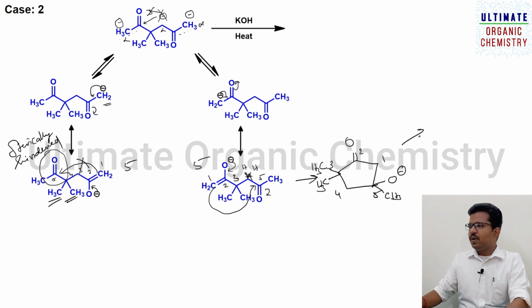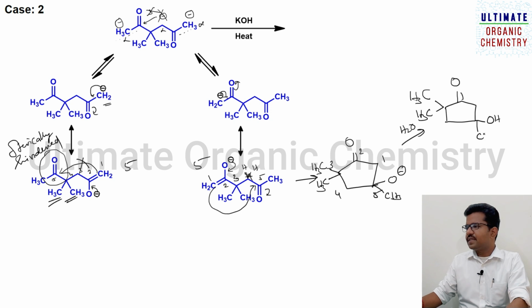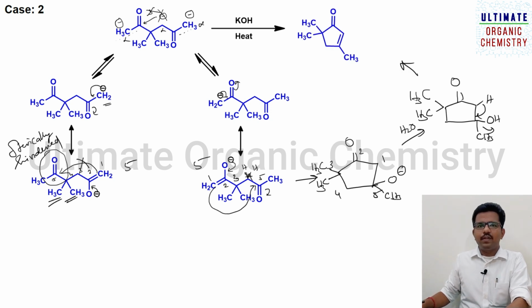Which is getting protonated by water molecule. You have OH here, you have CH3. After the elimination of water molecule, it will lead to the formation of this as a product. So this is about the second case.